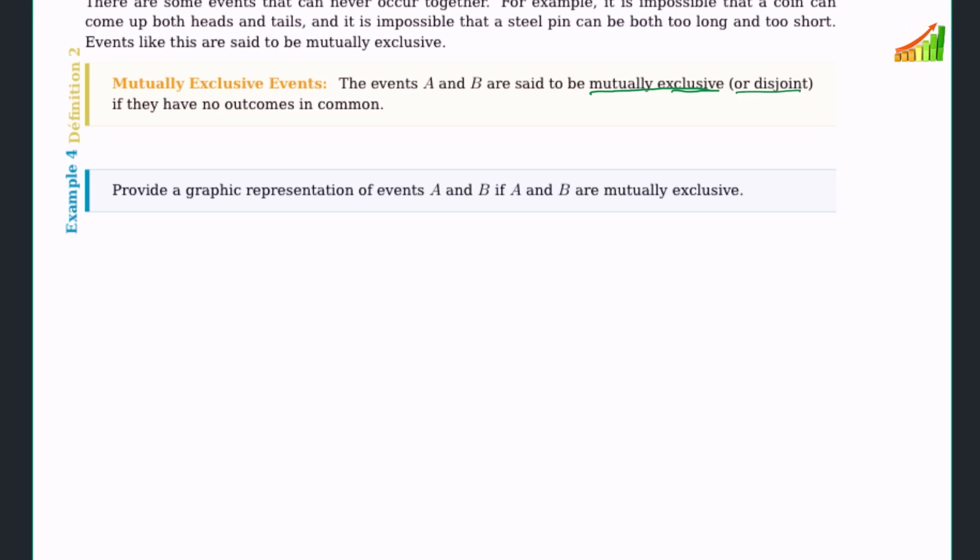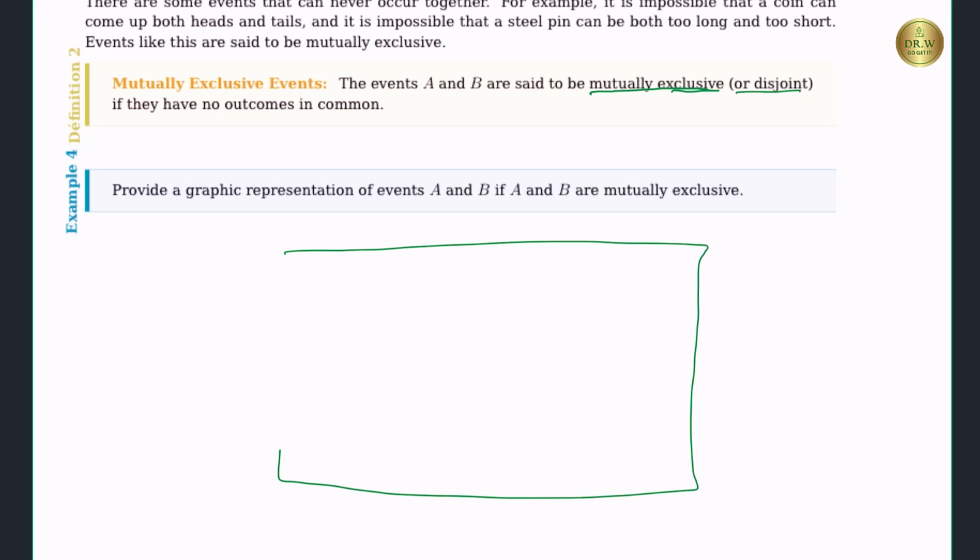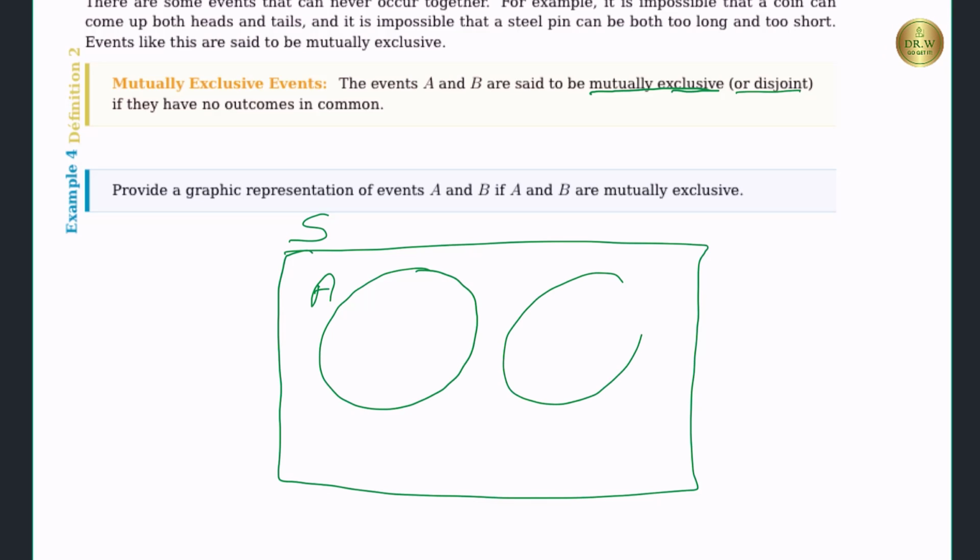If so, how do we use a Venn diagram to show it? You know this is S. Mutually exclusive means again no common element, so we don't need that part. Two circles separated like this because there are no common elements. That is the Venn diagram for two mutually exclusive events.